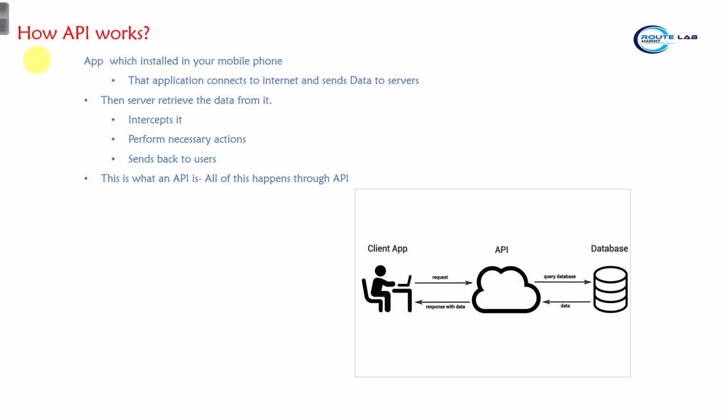Now we need to understand how the API is going to work. So let's take an example. You are a user using your mobile phone, laptop or desktop in order to get some information which is stored in the database. On your mobile phone, you'll be installing some applications, right? If you want to access anything, you'll open the application by clicking on it.